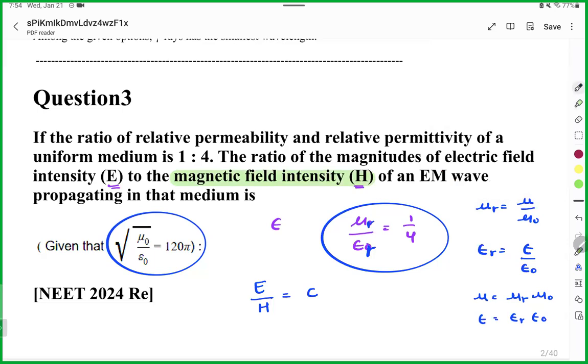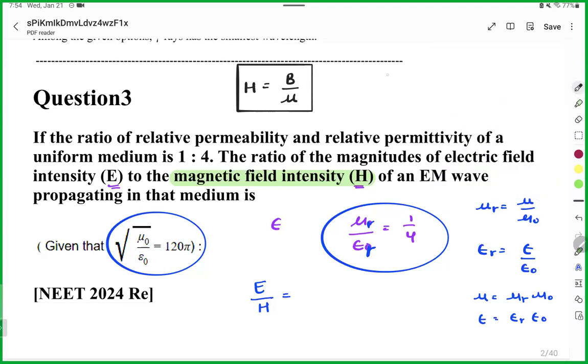So what is the relation of H with the magnetic field? Is this correct? This is given magnetic field intensity, not magnetic field. Magnetic field intensity is magnetic field divided by mu. So that's why this is not equal to C. E by B is equal to C.